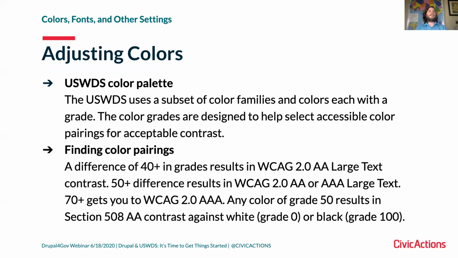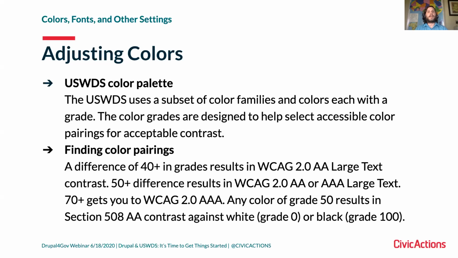In the USWDS color palette, it's a subset of color families and colors, each with a grade. The color grades are designed to help select accessible color pairings for acceptable contrast. So what that means is a difference of 40+ in grades results in a WCAG 2.0 AA large text contrast. 50+ results in AA, or AAA for large text. 70+ gets you up to AAA.